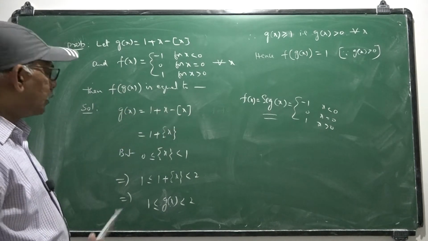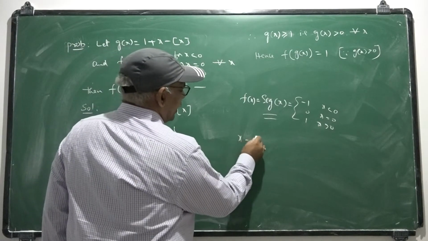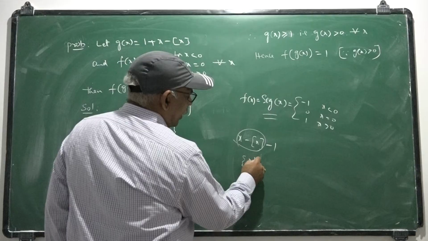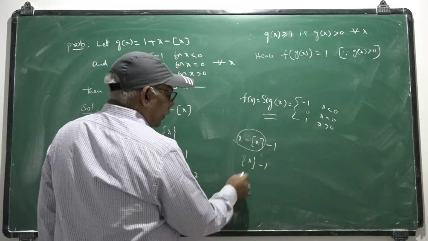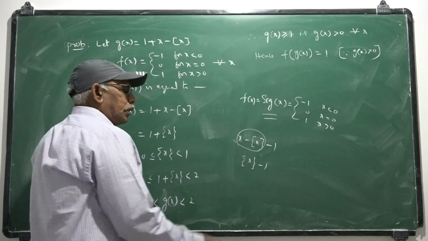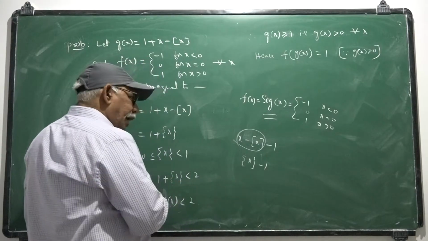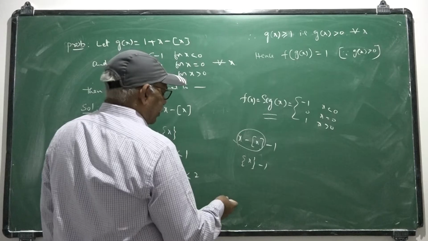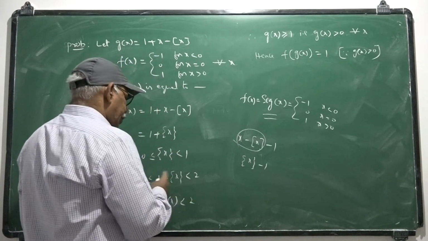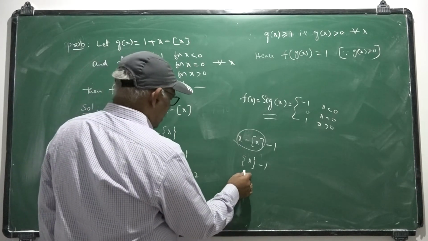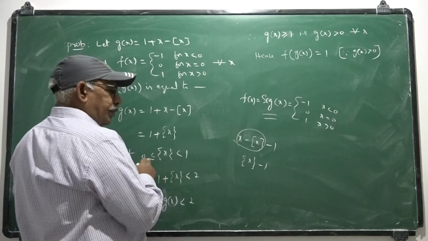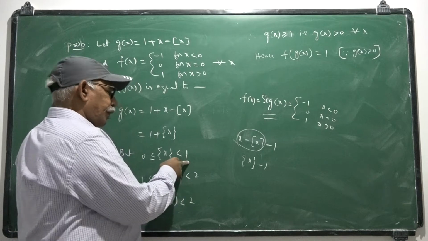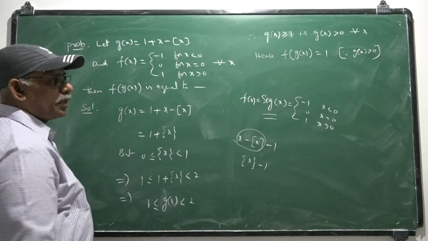In the case of x minus step x minus 1, this is the fractional part of x minus 1. The fractional part lies between 0 and 1, so taking it minus 1, we get a value between -1 and 0.